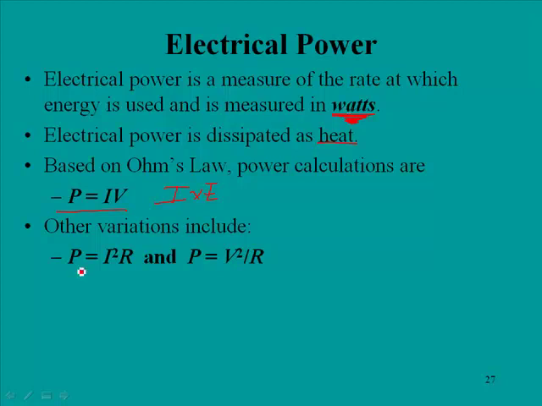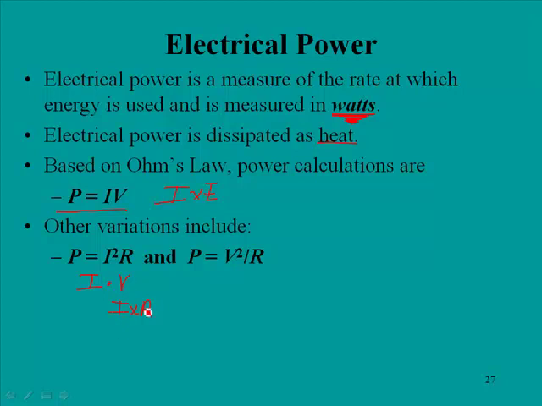Now, other variations of this formula look like this: I squared R. Let's see if we could derive this from this particular formula, I times V. Remember from Ohm's law, voltage is the same thing as I times R, isn't it?